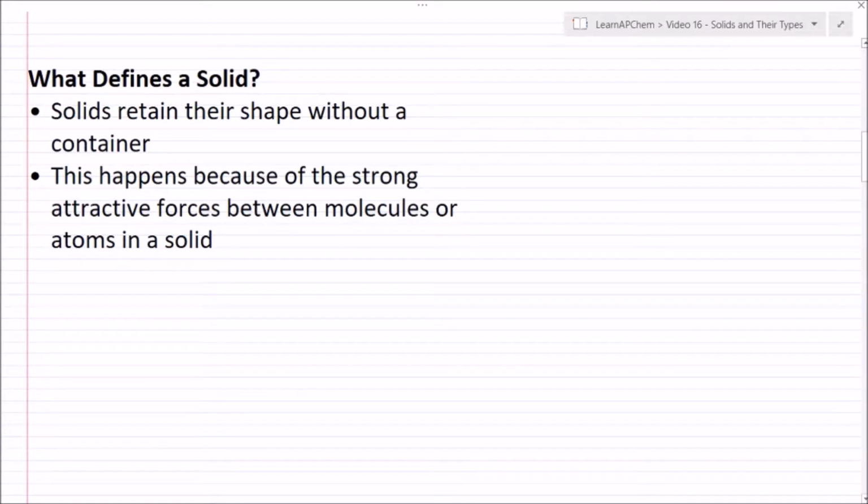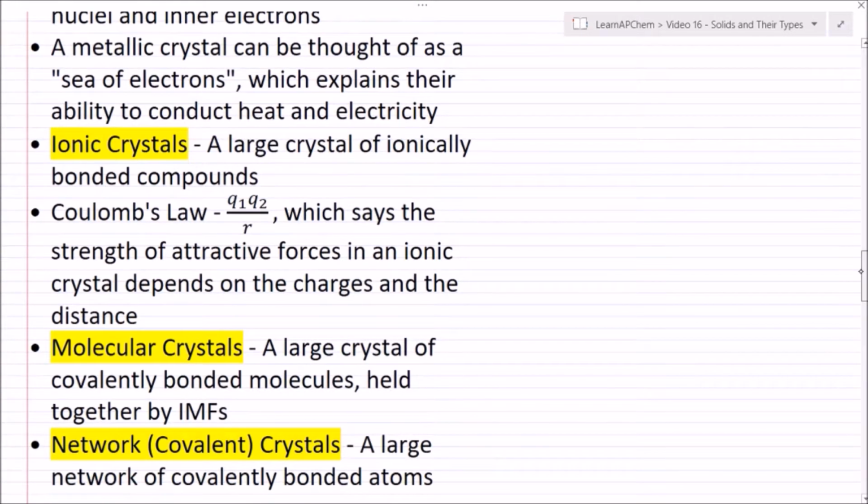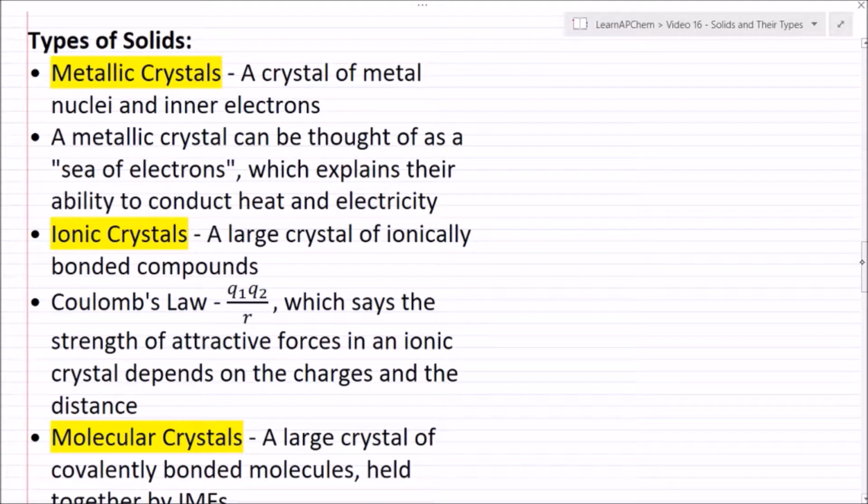Alright, so let's go over our types of solids, and there are four main ones. We'll start with metallic crystals, which are crystals of metal nuclei and inner electrons.